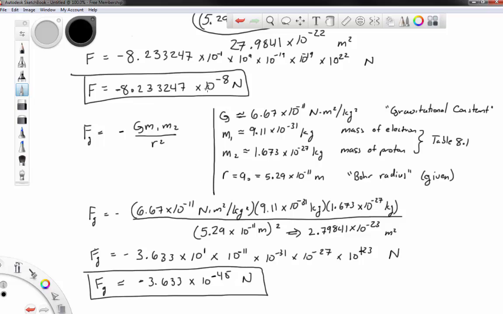That means this is 45 minus 8, or 37 orders of magnitude greater than this one. If you wanted to say how many times greater this force is than that force between the proton and the electron, you need a 1 followed by 37 zeros to express that number.